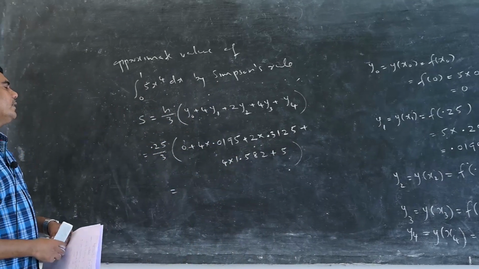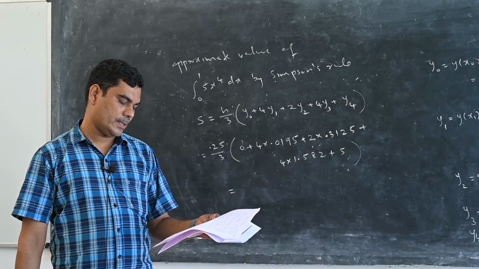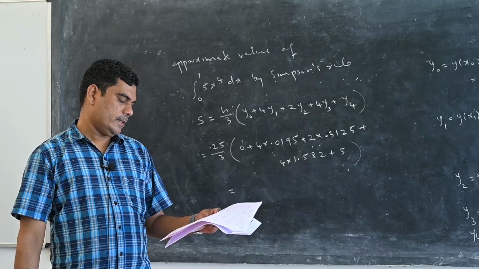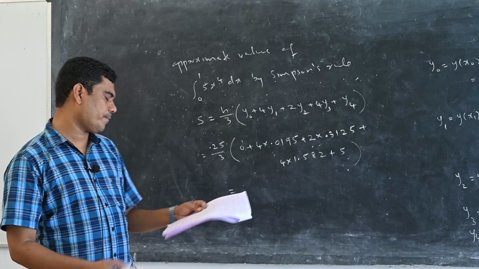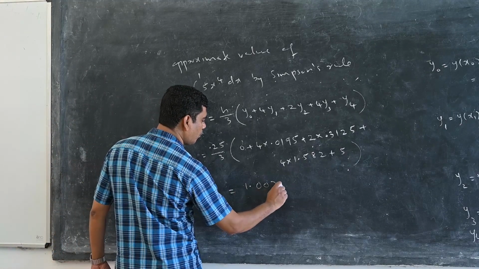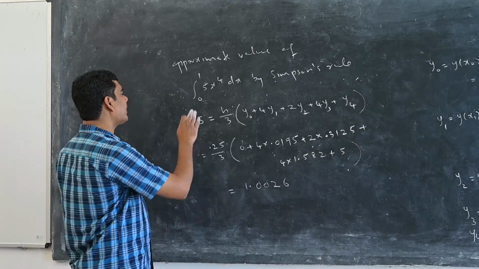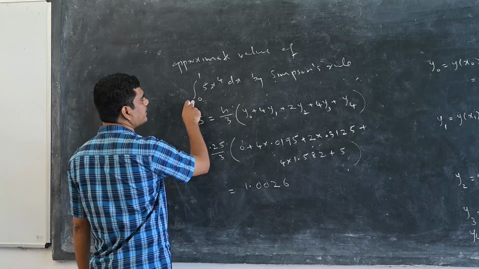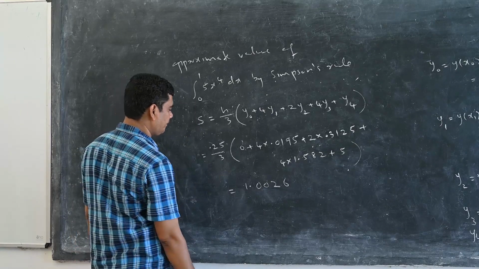Calculate the value of this using a calculator. The value that we obtain is 1.0026. So this is the approximate value of integral 0 to 1 5x raised to 4 dx by Simpson's rule with n equal to 4.